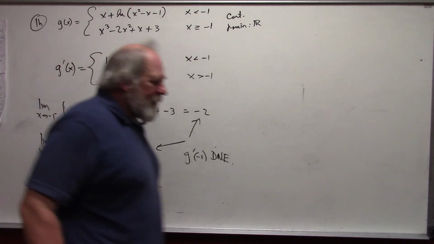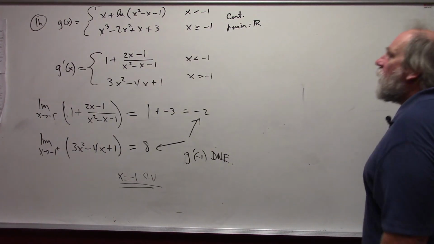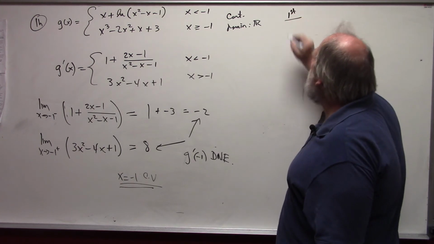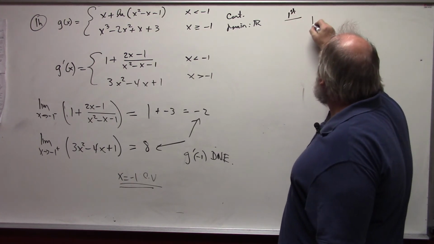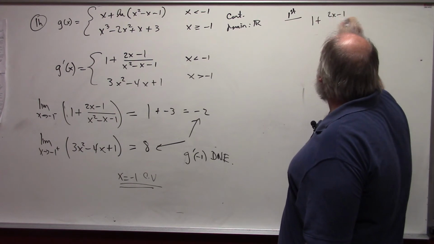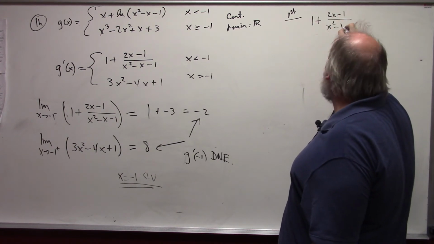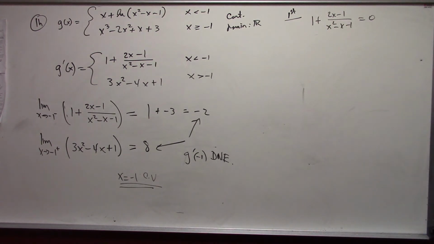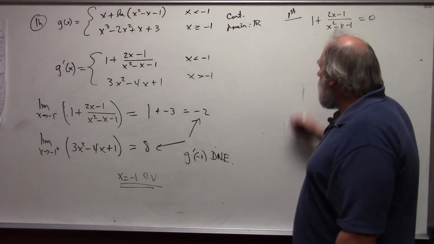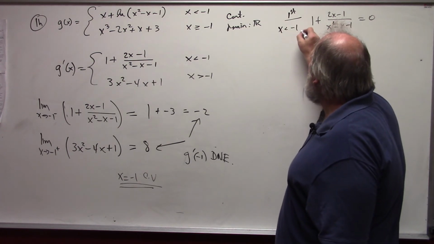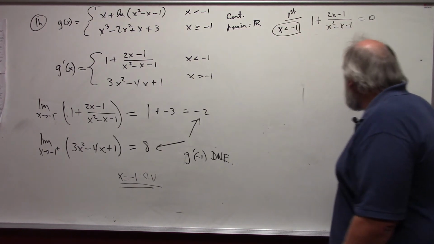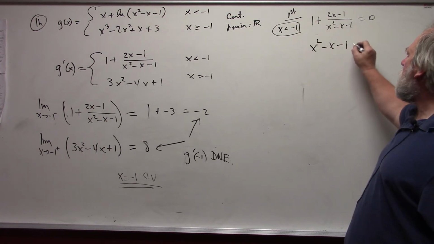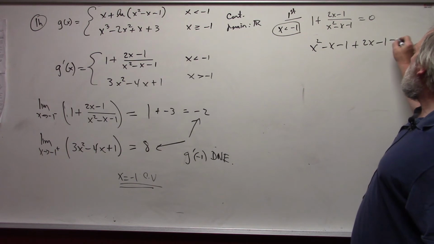Now, we have to deal with each individual part and determine where the derivative is 0. So, my first part, 1 plus 2x minus 1 over x squared minus x minus 1. I'll set that equal to 0. Remember, this first part is only valid for x less than negative 1. This is the domain we're dealing with. And so I go ahead and solve. X squared minus x minus 1 plus 2x minus 1 is equal to 0.